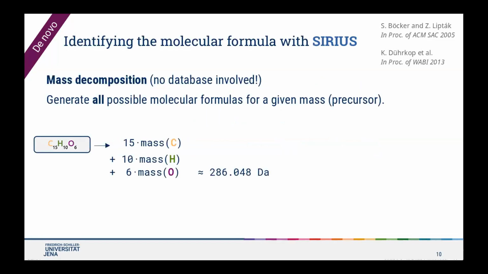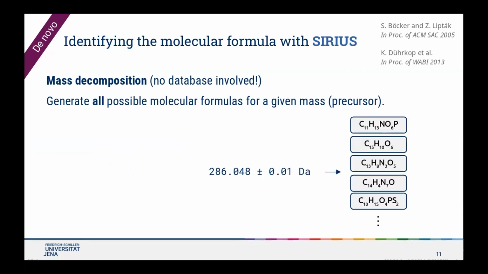But now let's talk about molecular formulas. The first thing we usually do is we try to get candidates, so possible molecular formulas. Sirius does not take them from a database, but rather creates all molecular formulas that are theoretically possible for a given mass.